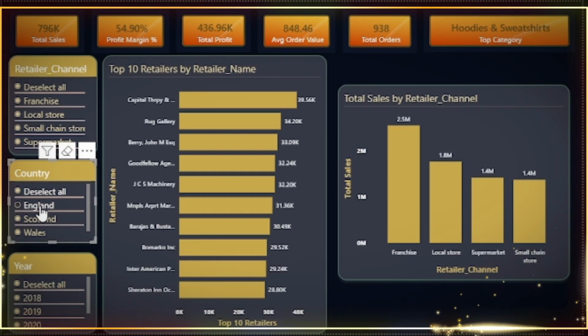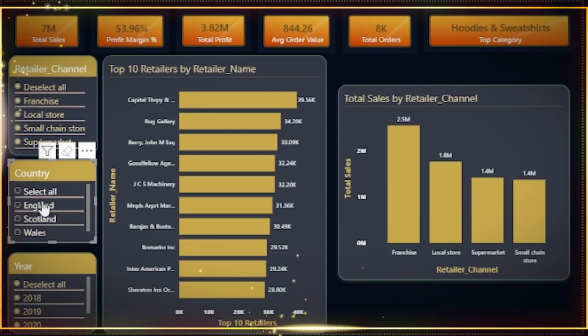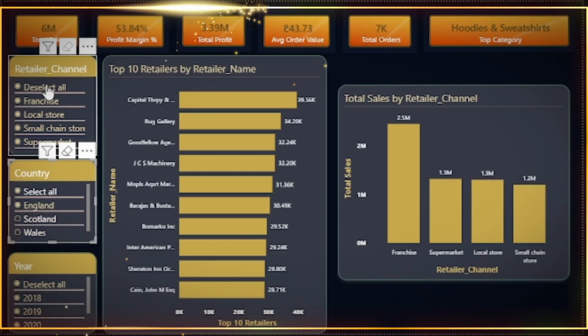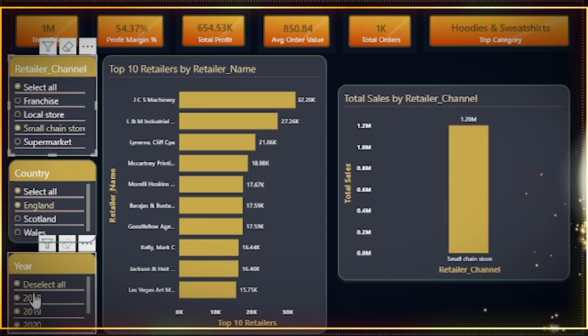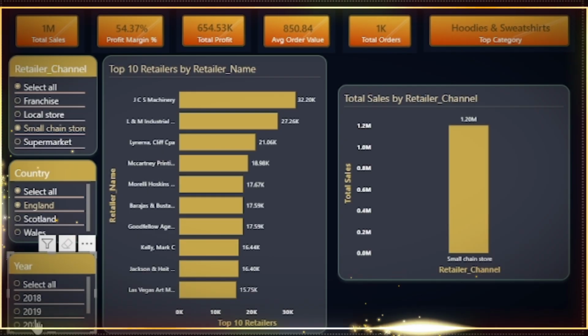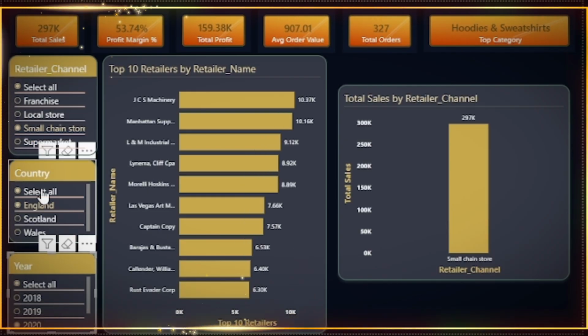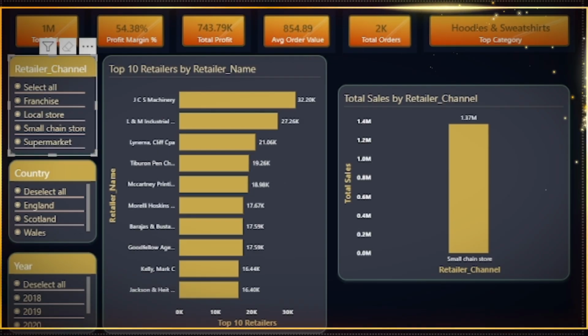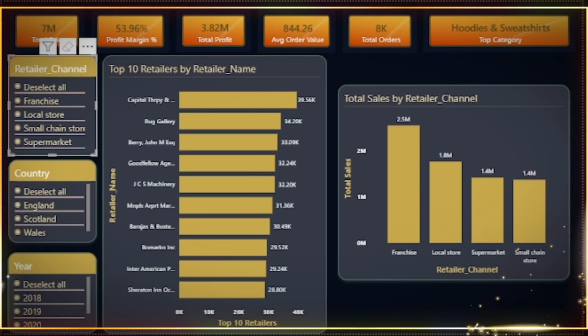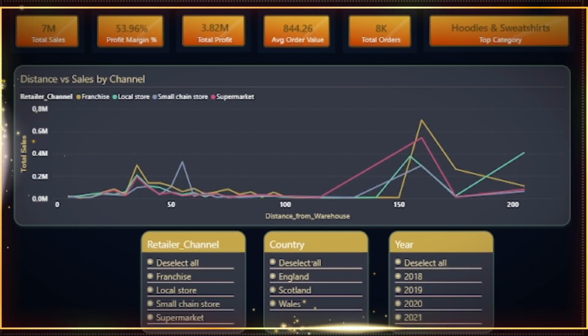Now, distribution channels and retail performance. The franchise channel is the clear leader, generating £2.54 million, or 35.89% of total revenue. Supermarkets came second at £2 million, small chain stores at £1.8 million, and local stores at £1.4 million.